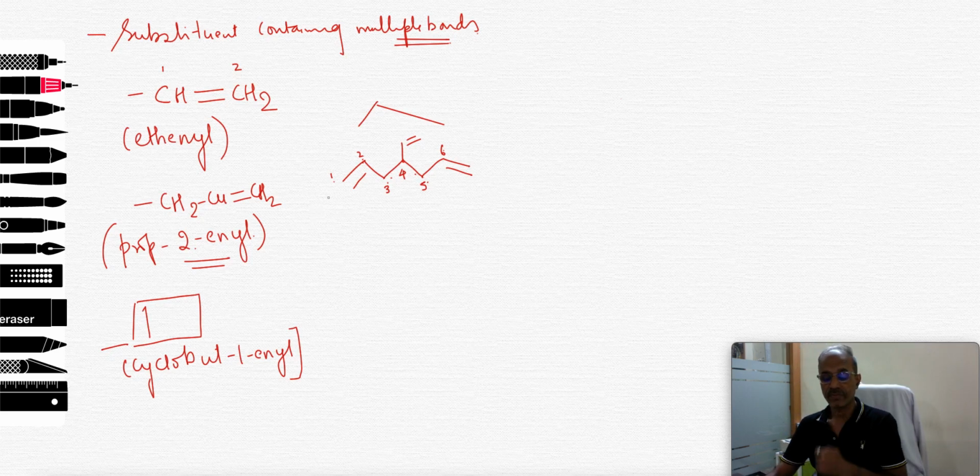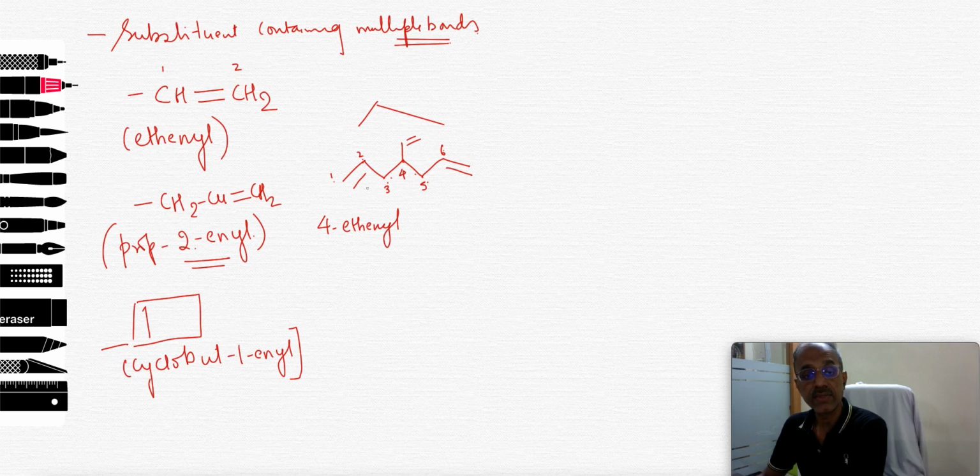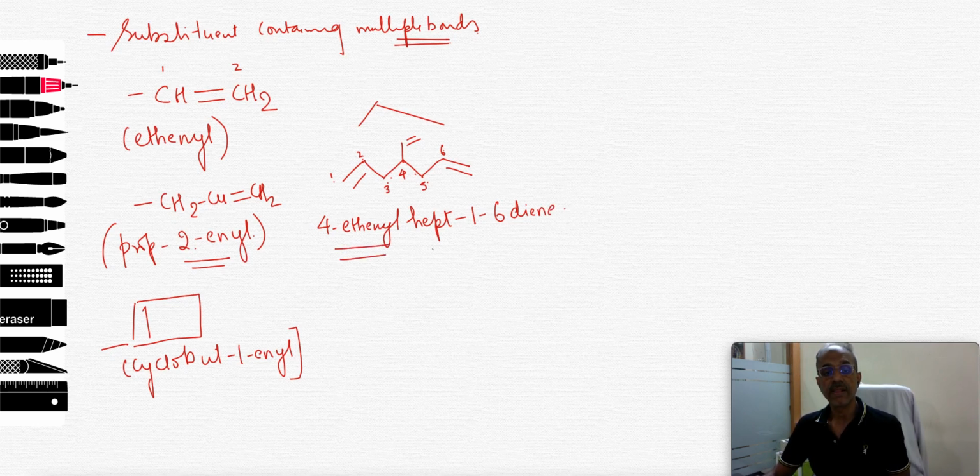In this case I will write 4-ethenyl hept-1,6-diene. 1, 2, 3, 4, 5, 6, 7. Fine?